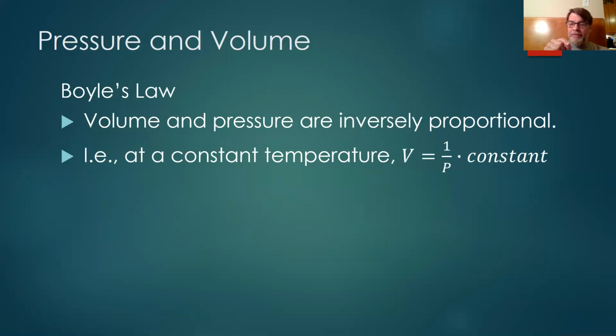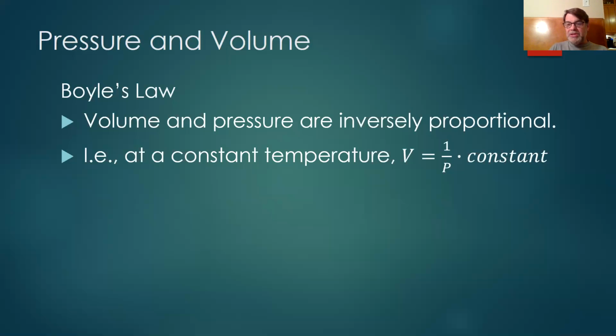If you graph volume, and in Chemistry, the Central Science, there is what's called a PV diagram of this, if you diagram volume versus 1 over the pressure, it's a line. It's a linear relationship.